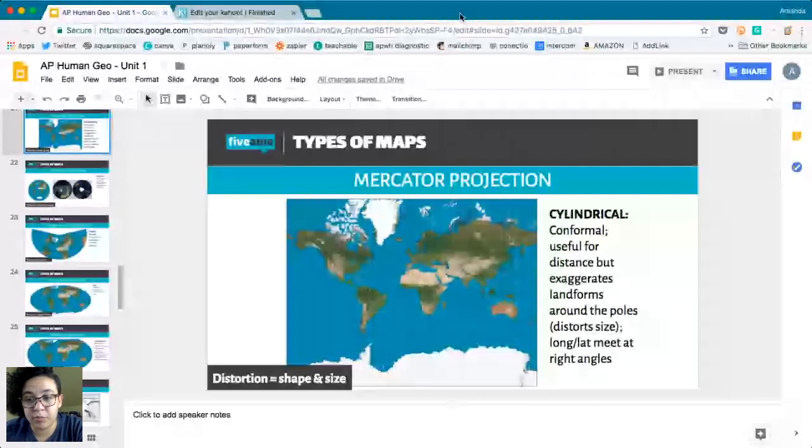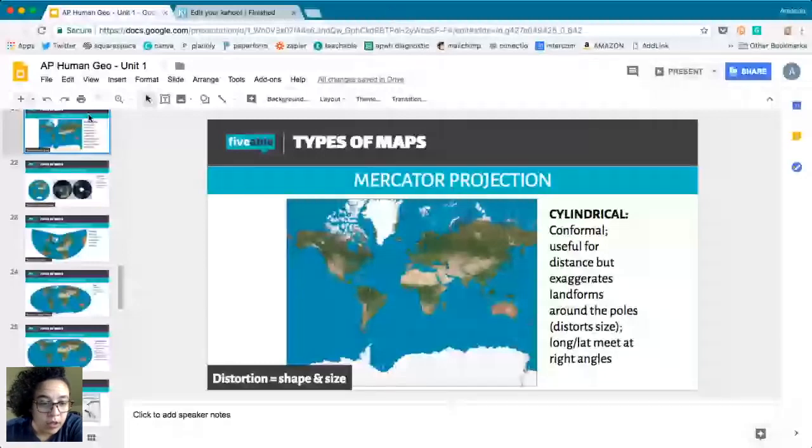For example, if you look at Greenland on the top here, Greenland looks massive on this map. It looks almost the same size as Africa below it. But Greenland and Africa are nowhere near the same actual sizes. It really distorts the top and the bottom especially. It's stretching it. That's the problem with Mercator, and this is a common one though.